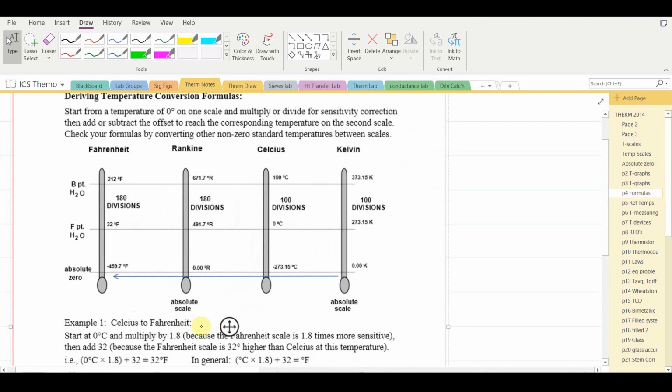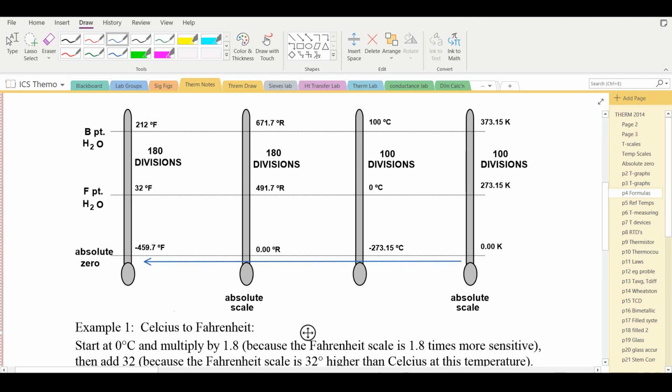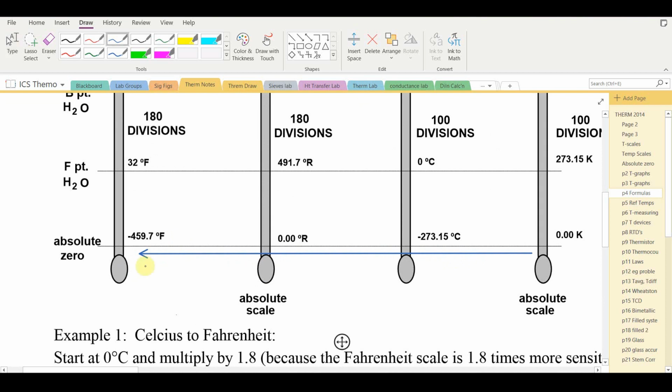Remember in our formulas, the conversion between Kelvin and Fahrenheit, starting on the Kelvin scale, going to a more sensitive temperature scale, we could say degrees Kelvin times 1.8 to the Fahrenheit scale. The offset is minus 459.7 equals degrees Fahrenheit.